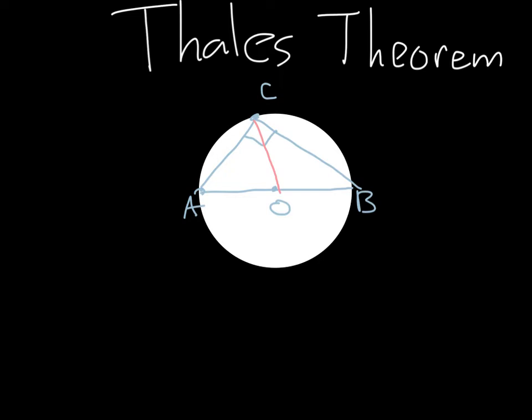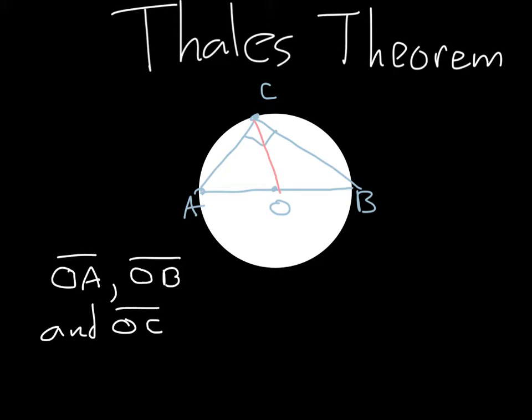So we have the line segments OA, OB, and OC are all radii. So they all have the same length, which is the radius of the circle.